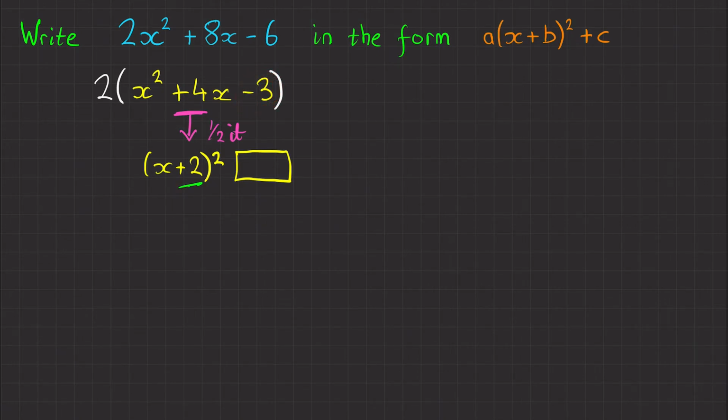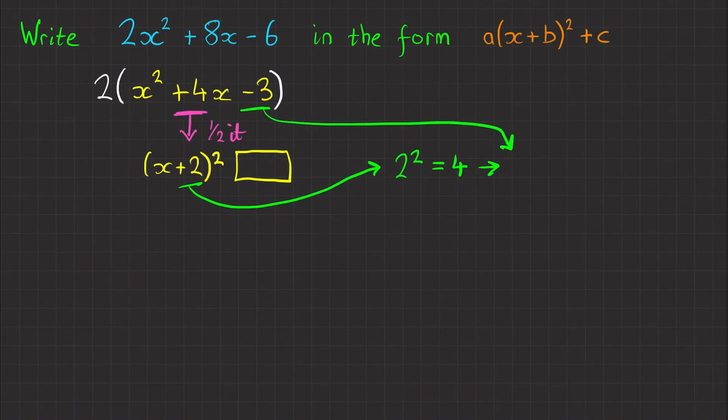So we take this plus 2 and square it, which will give us 4. Then to get to the original value, which is minus 3, to get from 4 to minus 3, we take away 7. Therefore we'll have (x plus 2) squared minus 7.